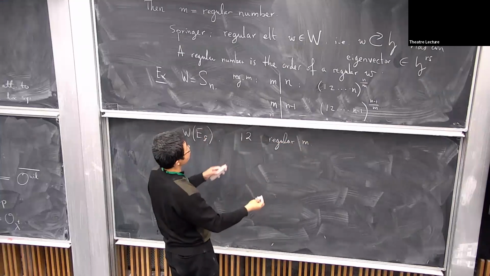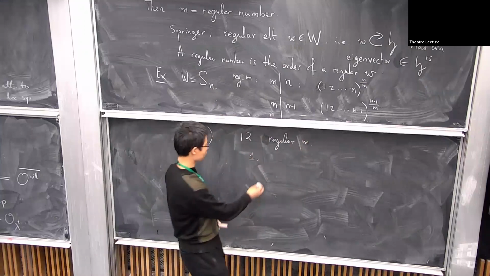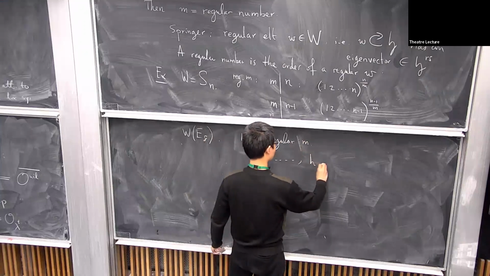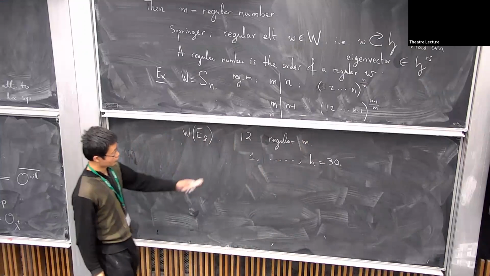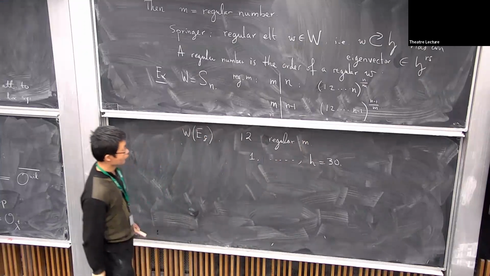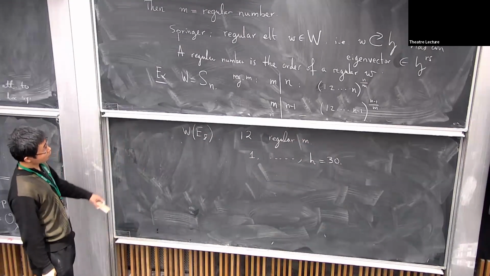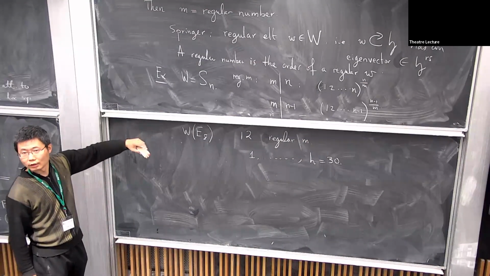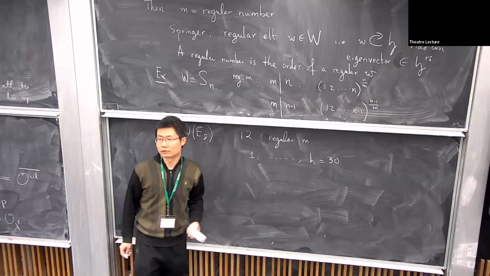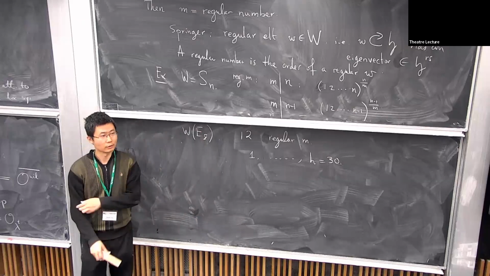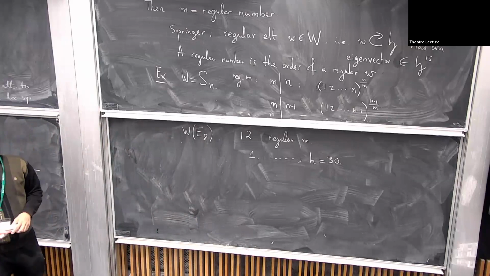It always ranges from the trivial element, which is a regular element of order 1, up to the Coxeter number, which is 30. There are 12 nice numbers from 1 to 30. How do you determine it? Oh, there's a criterion in terms of exponents of the group, degrees of invariant polynomials for the reflection representation.